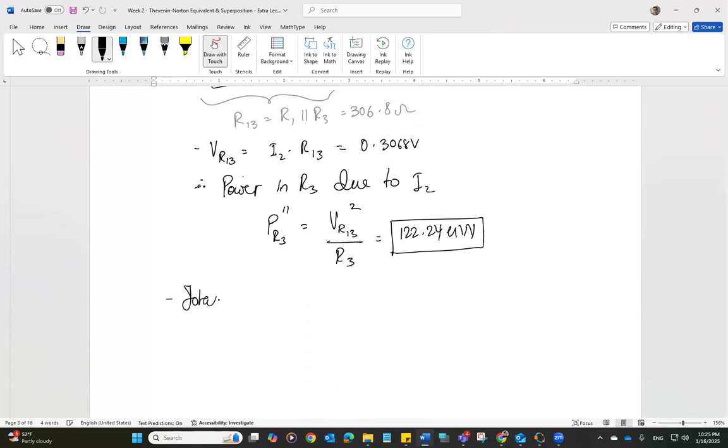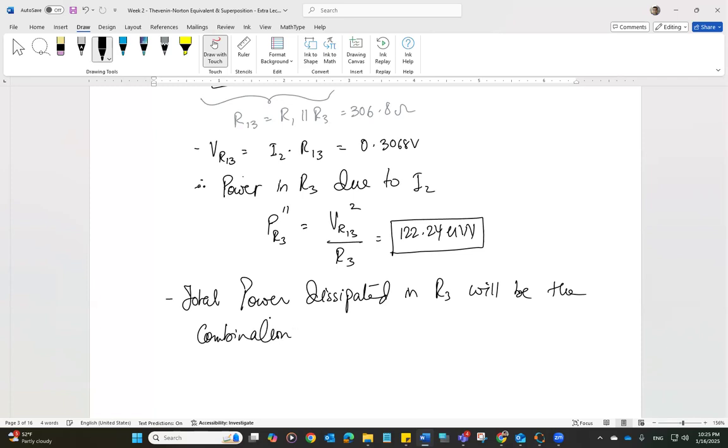So total power dissipated in R3 will be PR3 prime plus PR3 double prime. Whatever the result is going to be, you can add.